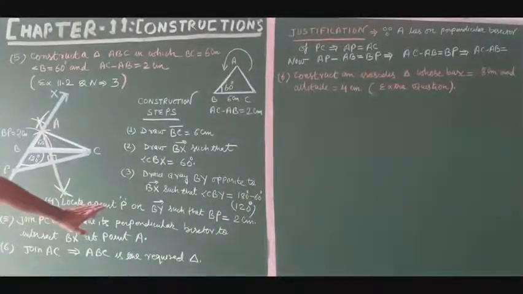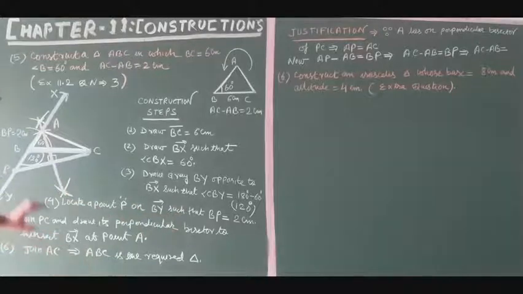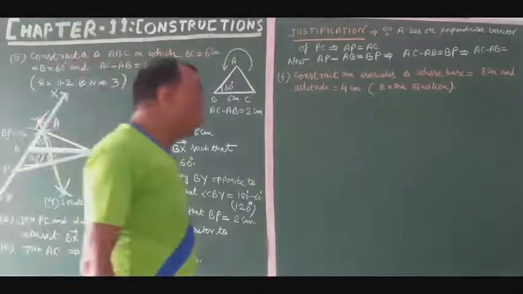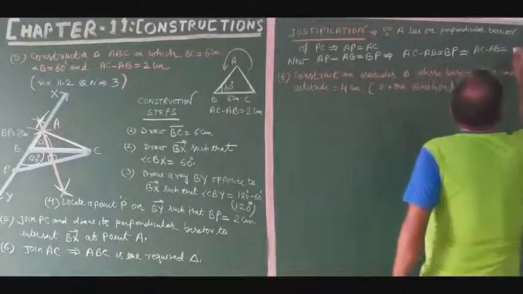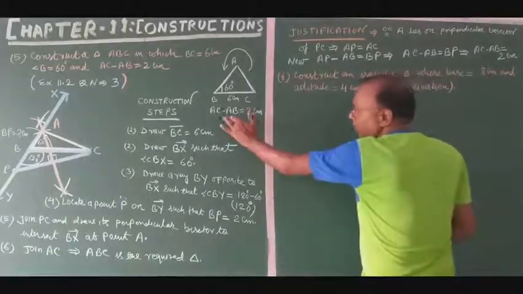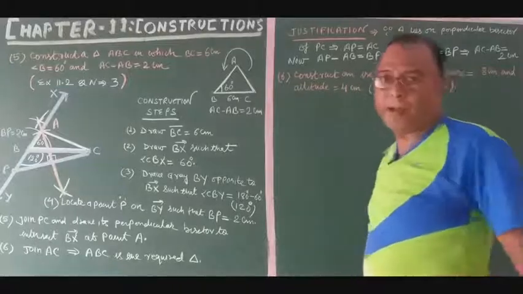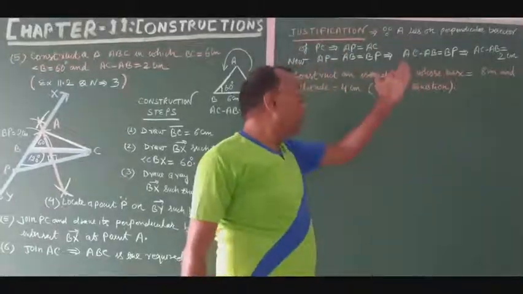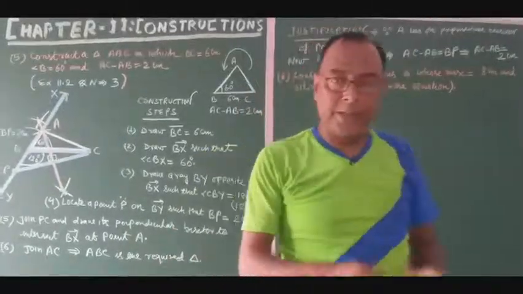We located a point P on ray BY such that BP is equal to how much? 2 centimeter. This was 2 centimeter, and this we have to justify. So in this way this construction is justified.